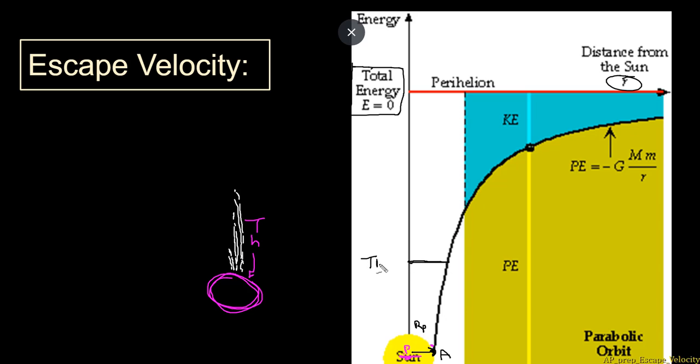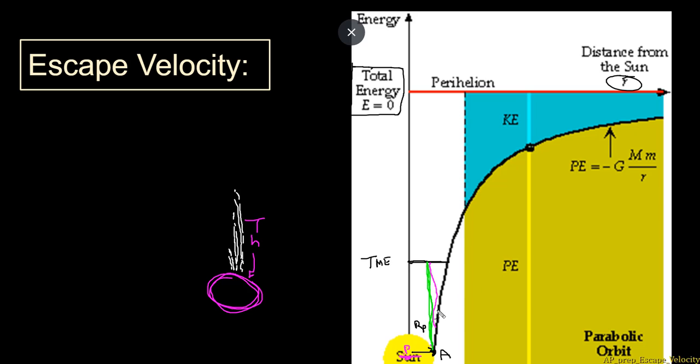Just to make sure that this potential energy graph makes sense, at point A, you have a bunch of kinetic energy. Remember, that's the difference between the total mechanical energy and the stored energy. So this big green line represents your kinetic energy. As you move away from the planet, you're gaining stored energy because it's becoming less negative, and this pink line is less than the green line because you have reduced your kinetic energy.